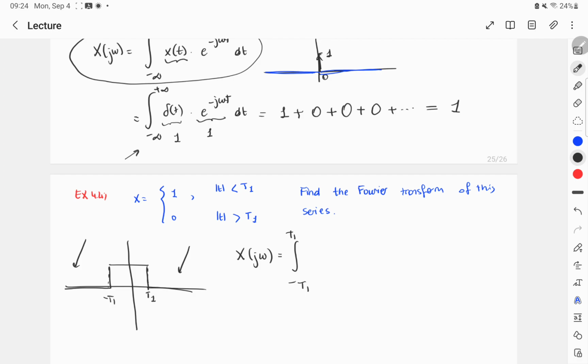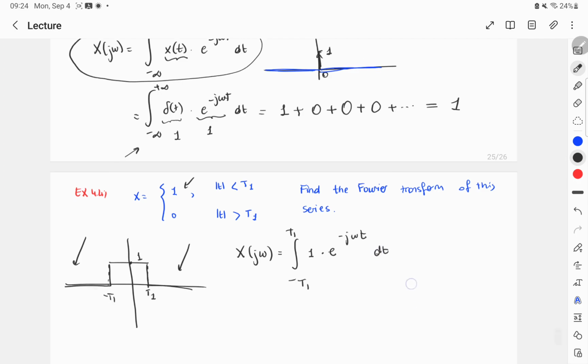And then our function itself is what? Here we have 1, as it is written here. So we were writing 1 times e to the power of minus j w t dt, right?